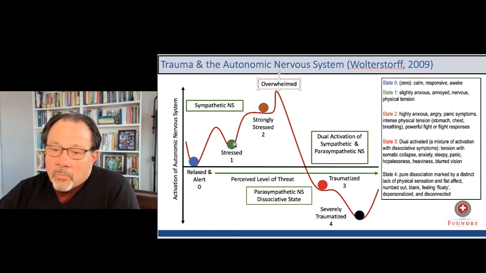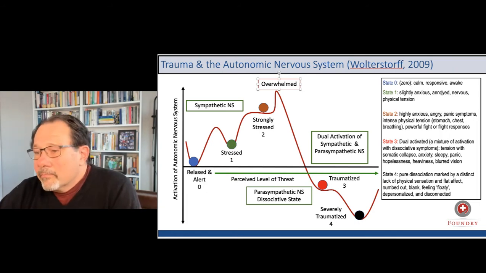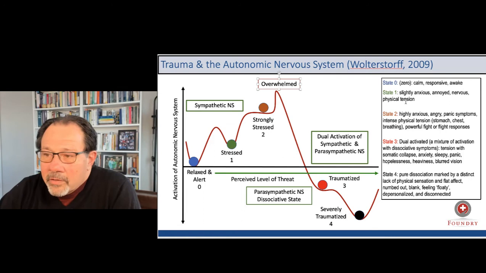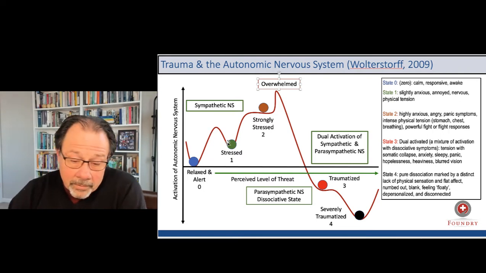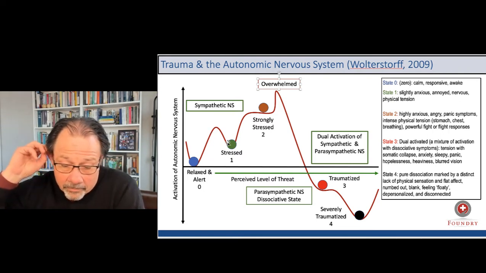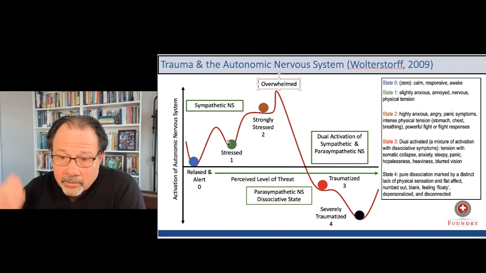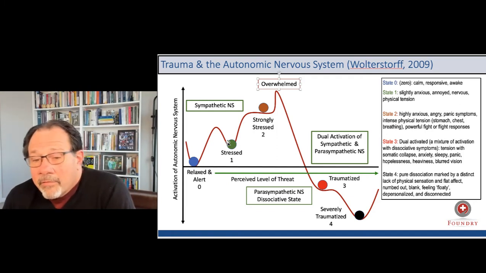As we experience more threat, or slightly anxious, minimally annoyed, a little nervous, some physical tension, the activation of the sympathetic nervous system really begins to prepare the body to take action to resolve that stress.